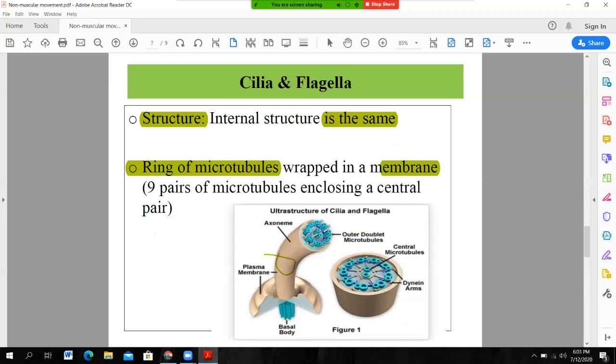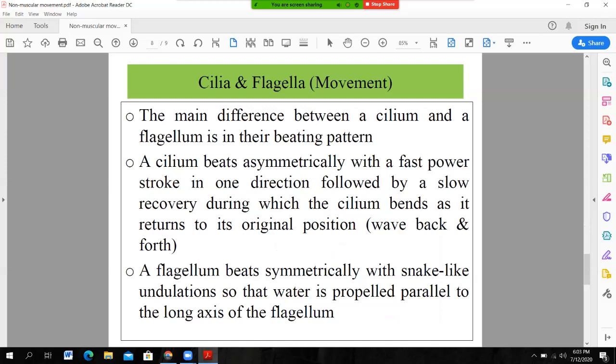There are 9 pairs of microtubules, along with a central pair of microtubules. So structurally, both cilia and flagella are the same. The main difference between a cilium and a flagellum is their beating pattern. Both play an important role in movement, but their beating patterns are different from one another.